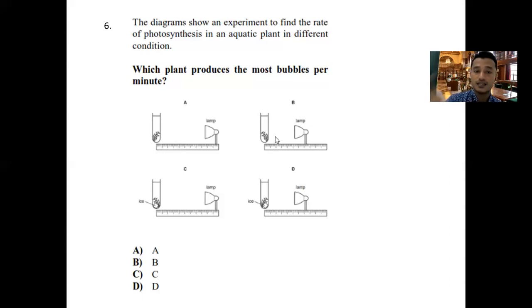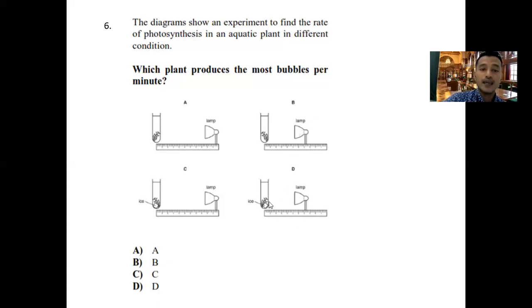And it's put inside water. So when the plants produce enough bubbles, that means they do a lot of photosynthesis. You can see here labeled B and D, this is perfect for the plant to get enough light energy from the lamp.